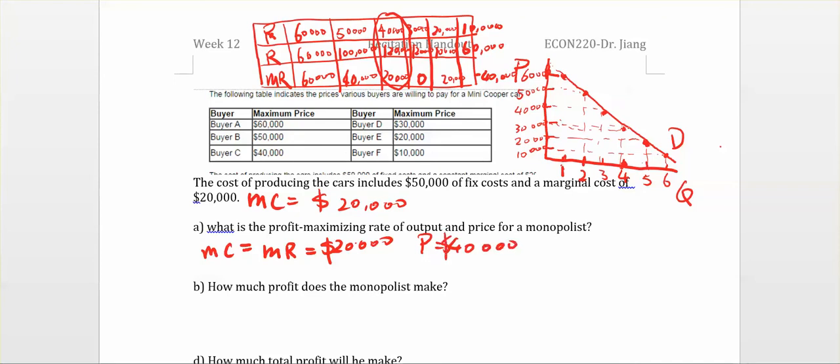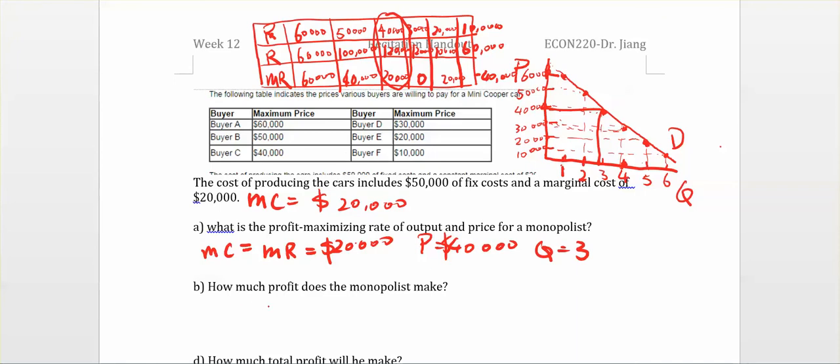Corresponding to $40,000, look at the demand curve. When we have $40,000, we will find we have a total of 3 consumers. So the output is 3 and the price is $40,000.